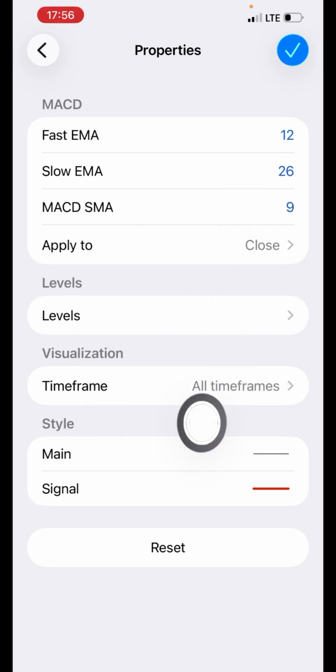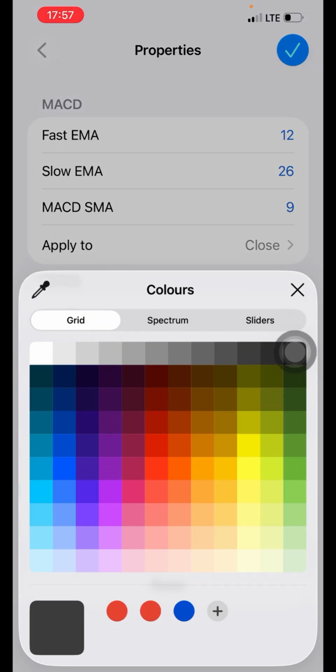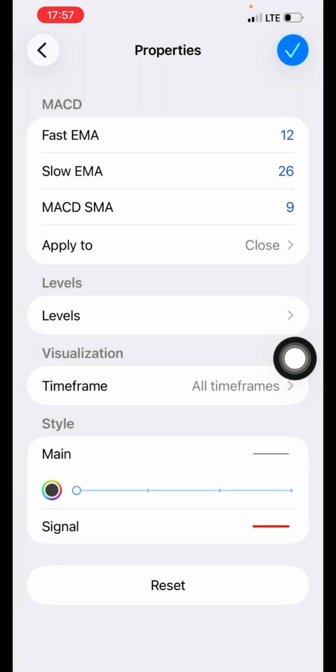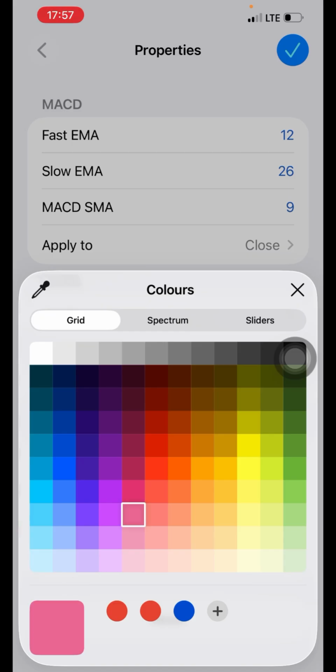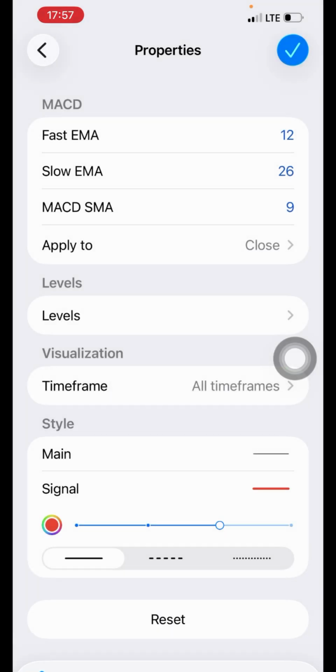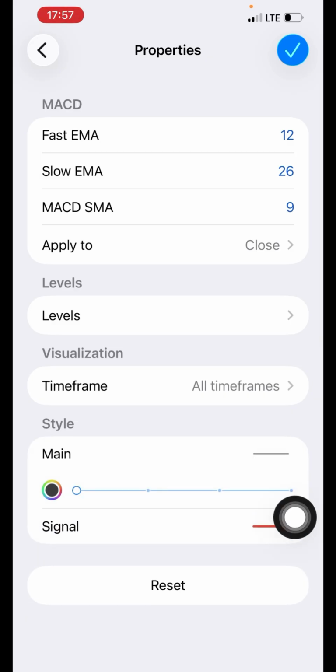Now the style, you are going to make the main color black. Then the signal, you make it color red. Then the pixel, you are going to make it 3 pixel for both of them. After setting it up, you have to click on done.